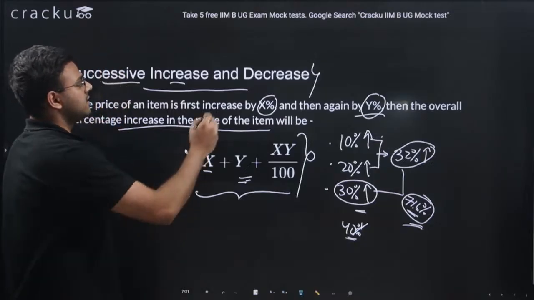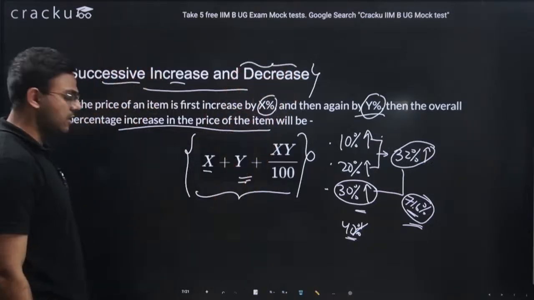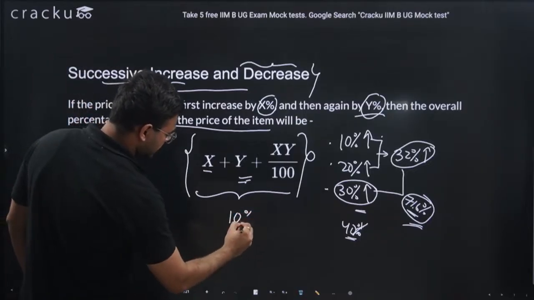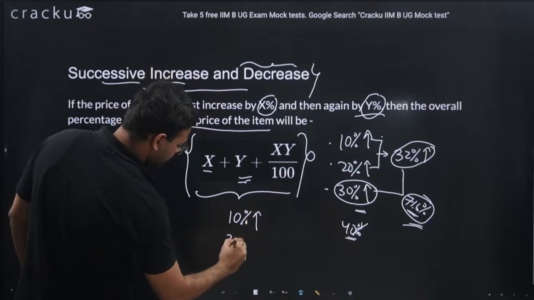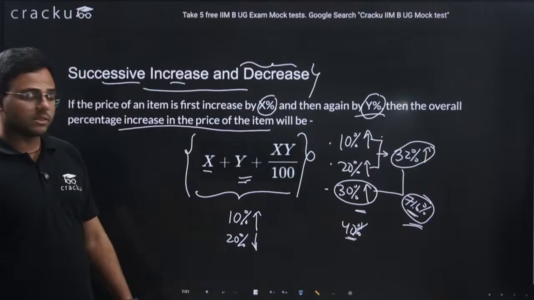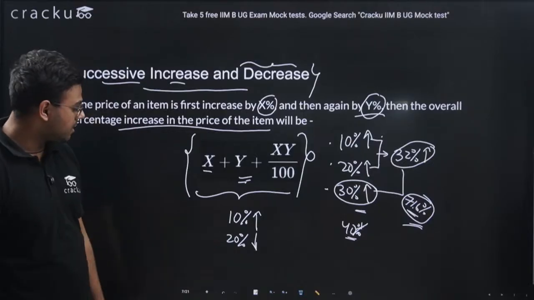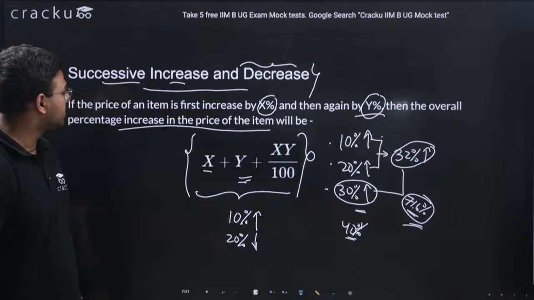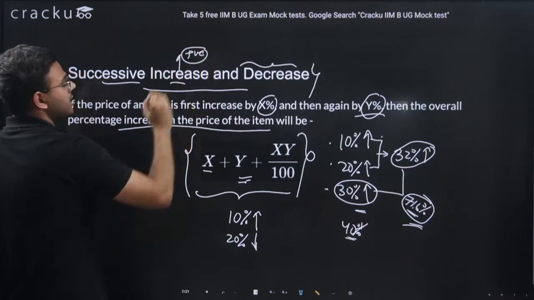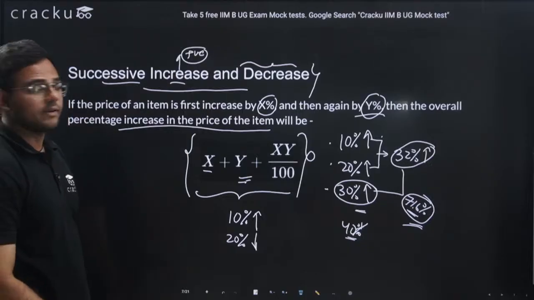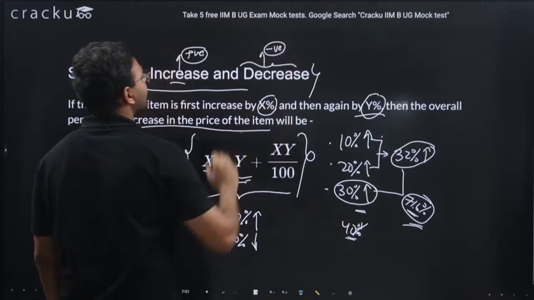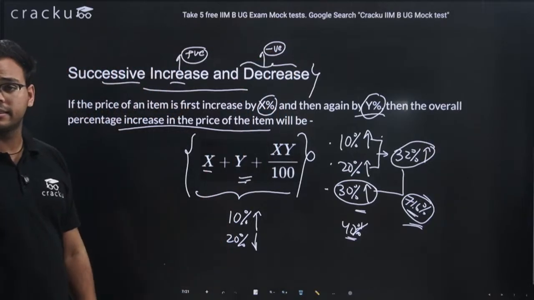Also, in certain cases there can be a decrease as well. Let's say there is first an increase of 10%, and then a decrease of 20%. In these cases, for an increase you will consider the percentage as positive, and for a decrease you will consider the percentage as negative.